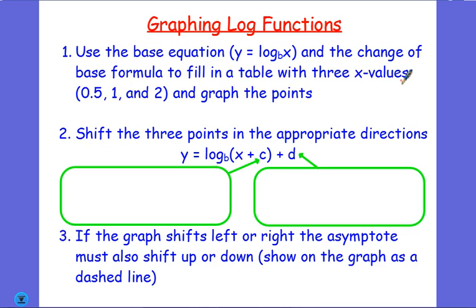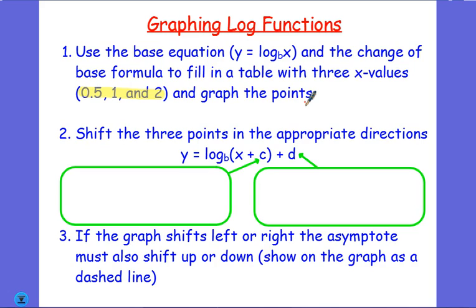The x values we are always going to use are 0.5, 1, and 2. Once you fill in your table, graph the 3 points. Remember, you have your asymptote. Once you are done with the 3 points, now you are ready to shift your 3 points.